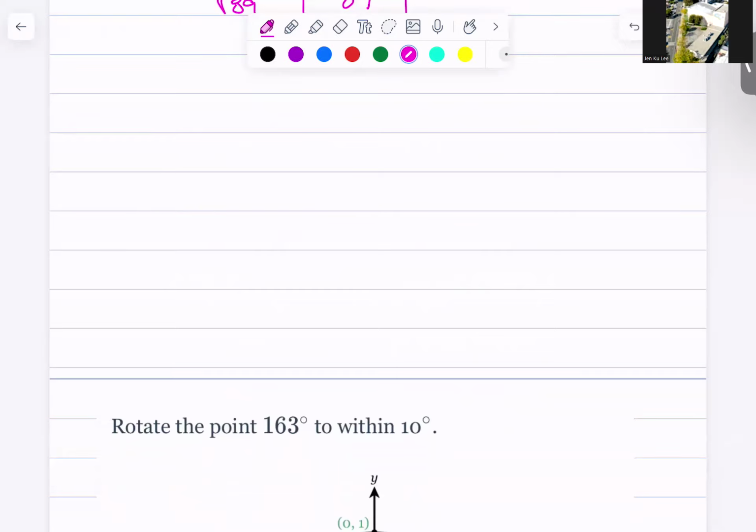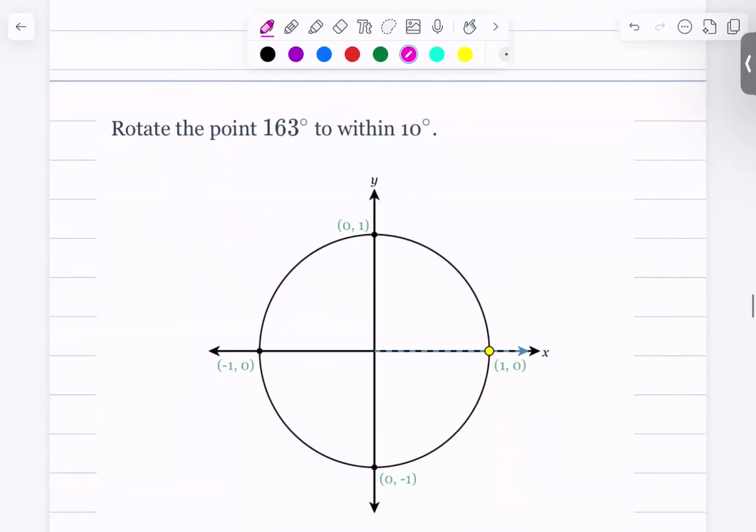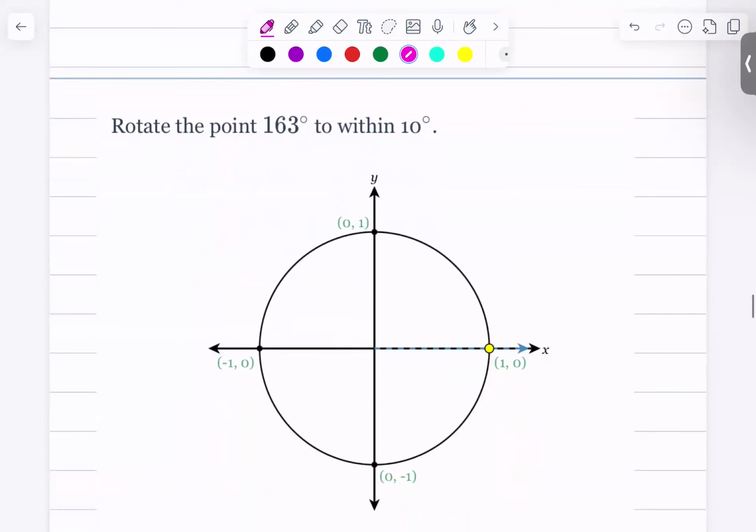Next one, we have this. And on your Delta Math, all you got to do is rotate, pick up this yellow point with your mouse, right, and rotate it 163 degrees, within 10 degrees. So you know 163 degrees will be in my second quadrant, right?